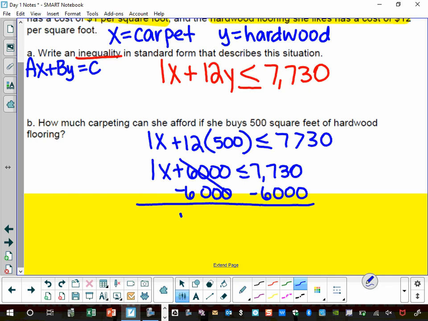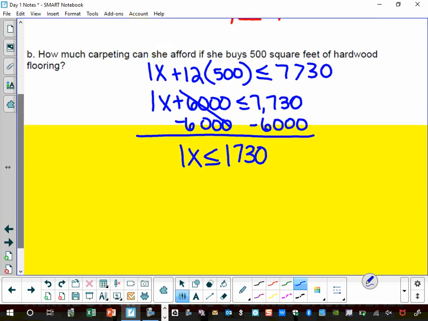So that means I'm left with 1x less than or equal to, Curtis, 7,730 minus 6,000. 1,730. And if you want to divide by 1, you can, but we know x is less than or equal to 1,730.